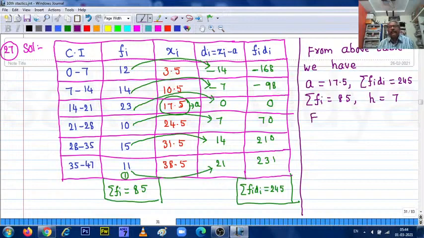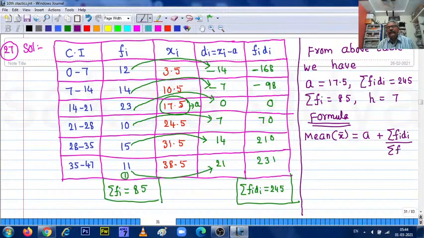Next, formula. What is the formula? So formula to find out mean using assumed mean method. Mean equals to, carefully write down, x bar equals a plus sigma Fi di by sigma Fi. So it can be read like this, summation of Fi di, summation of Fi also you can read.